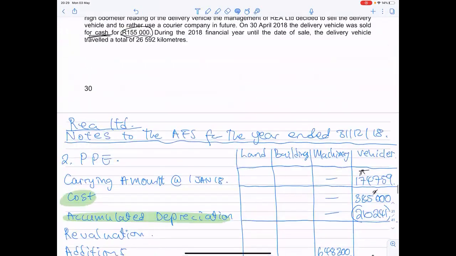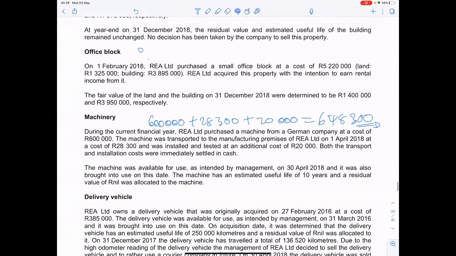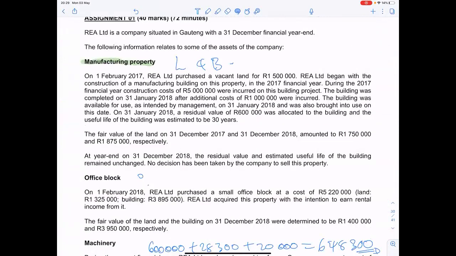Now, when we come to our land, we are now on manufacturing property. The land, they said it should be shown, they are revaluing their land. So if the land is revalued, we are going to show it at what? At its fair value. Now, the land was acquired on the 1st of February 2017.